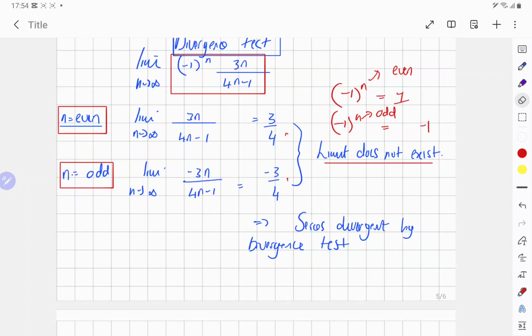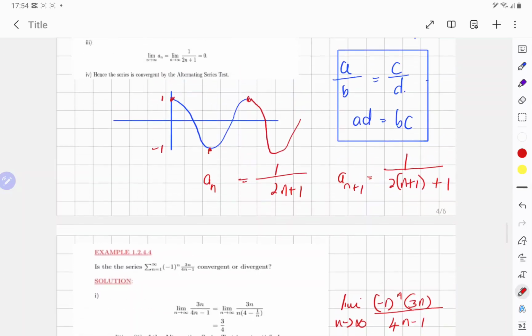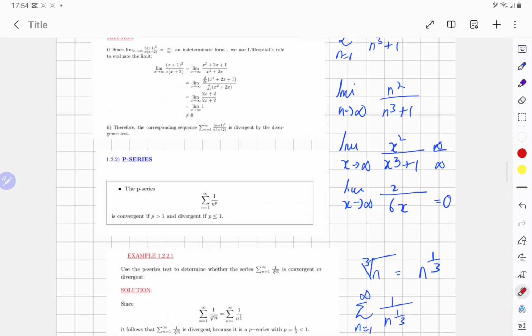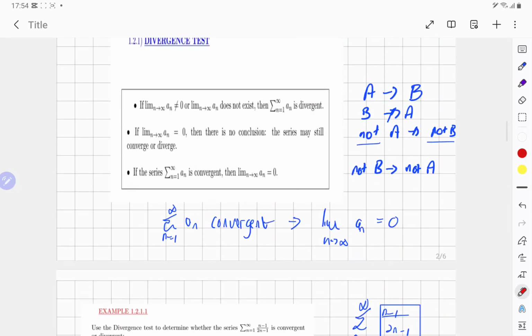And since the limit of the sequence does not exist, the series is divergent by the divergence test. Remember we said for the divergence test, two things: if the limit of the sequence is not 0, or the limit of the sequence does not exist. Students often fail to see that you also have to look out for this. Then the series is divergent.